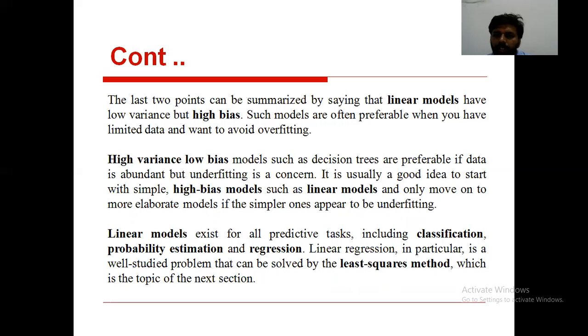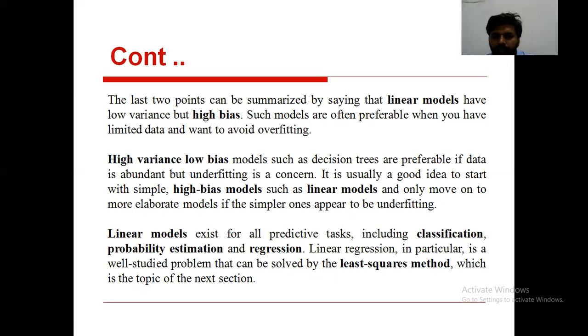If the data set size is very small, then you prefer linear models, and they avoid overfitting also. Decision trees are high variance and low bias models.